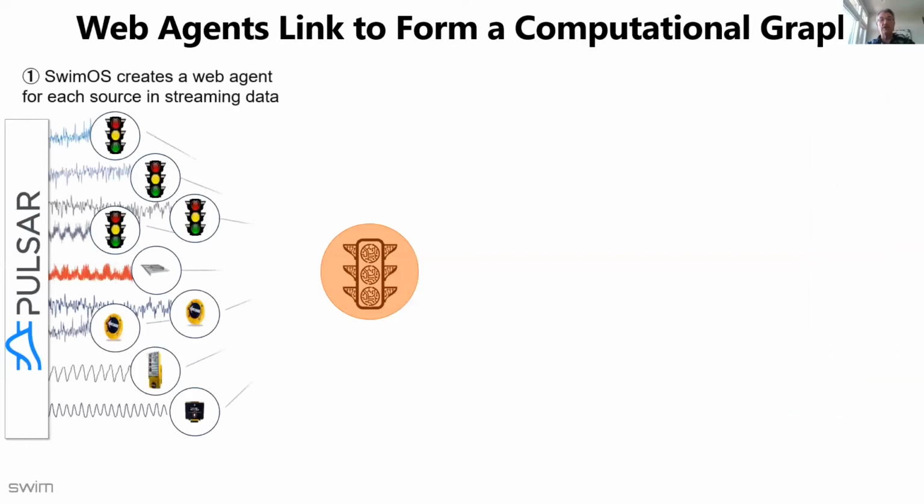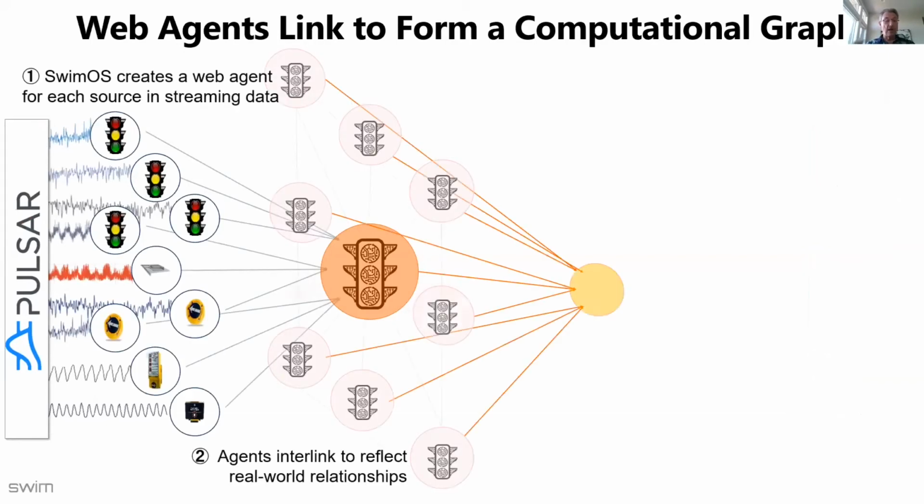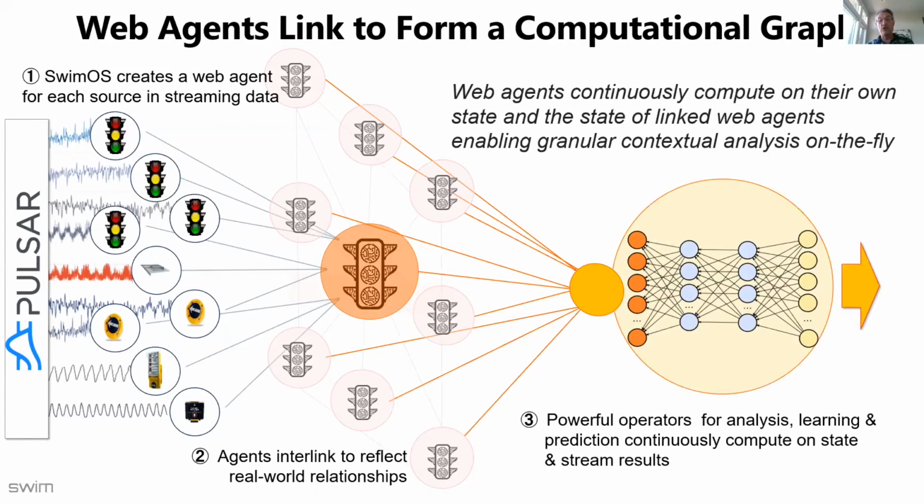Cool. So these web agents link to make this graph. At the first tier, what I have is just the basic sensors into some virtual object, which is an intersection. Intersections link, and then the ability to continuously learn and predict is just a function in Swim, but also you can interface these things directly into existing models like Spark or Flink.